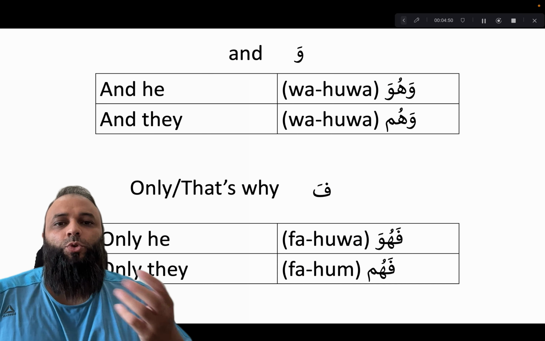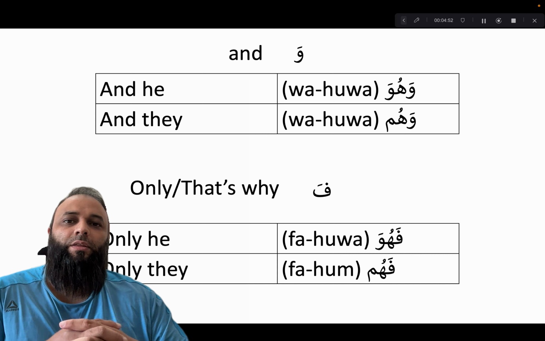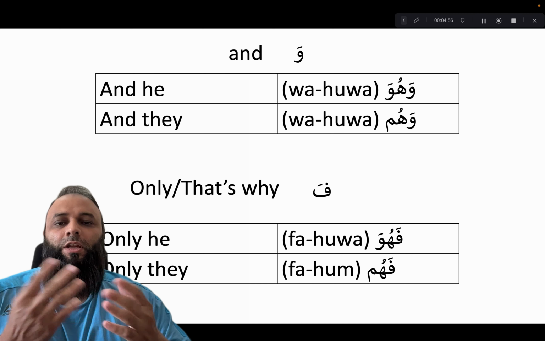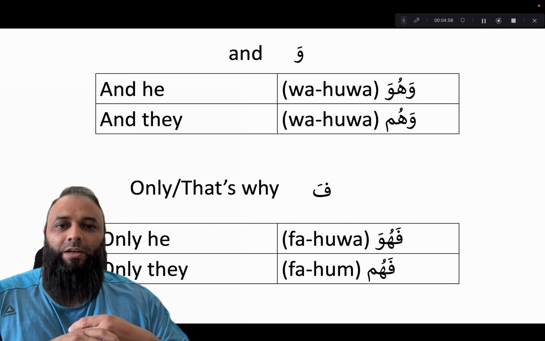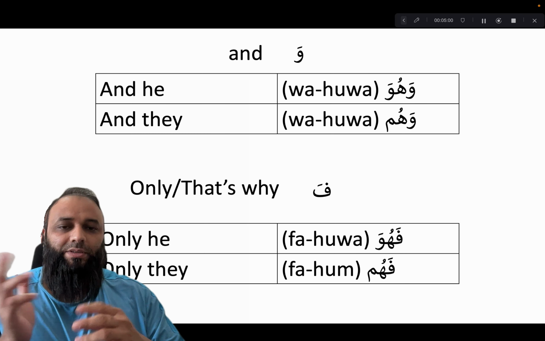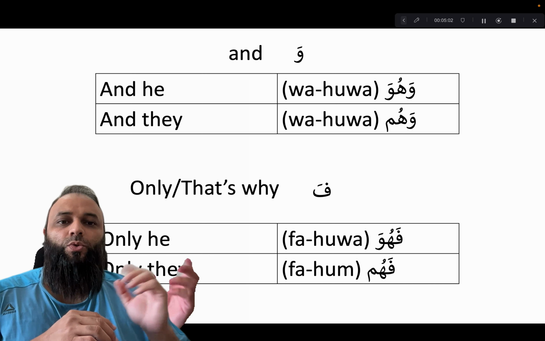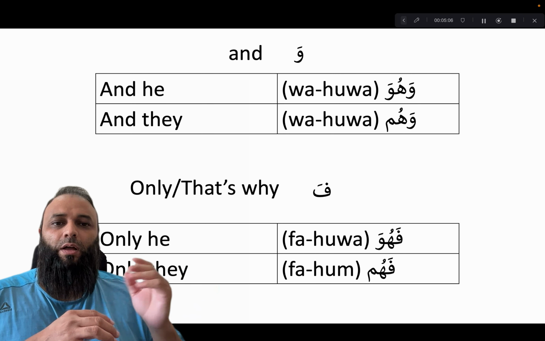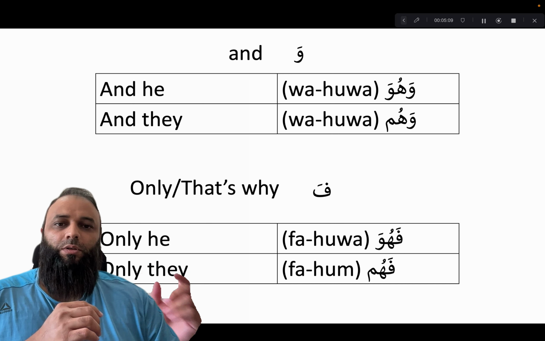So we also have joining words in Arabic, and this is basically wa, and the English translation of this would be and. So taking the previous slide, when we say wa huwa, that means and he, right? And means wa.